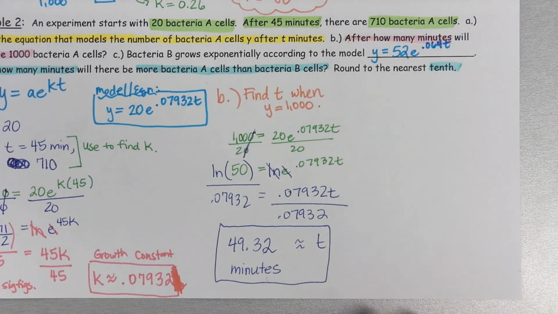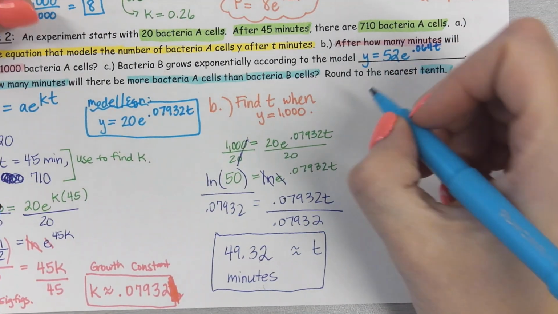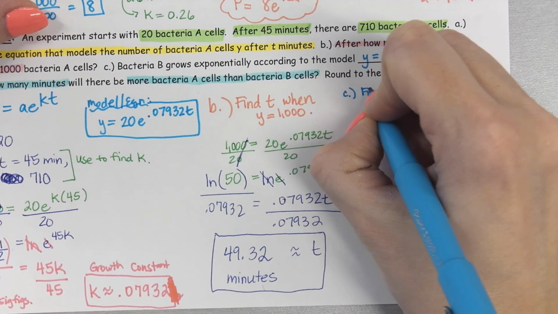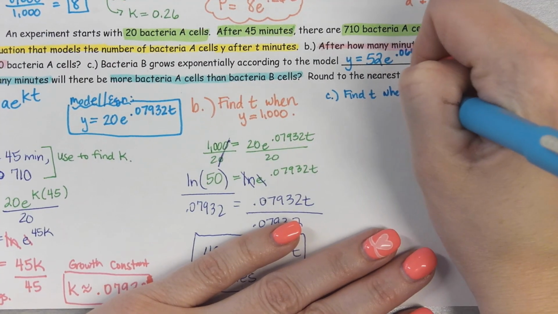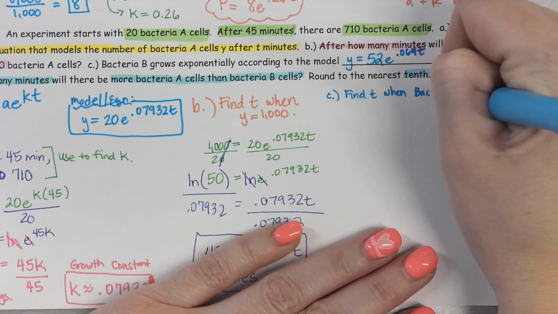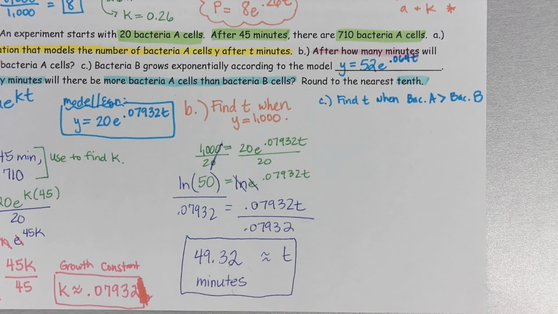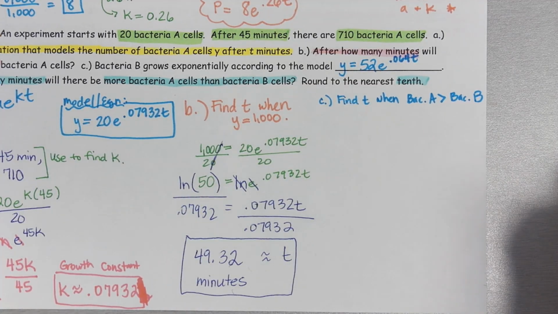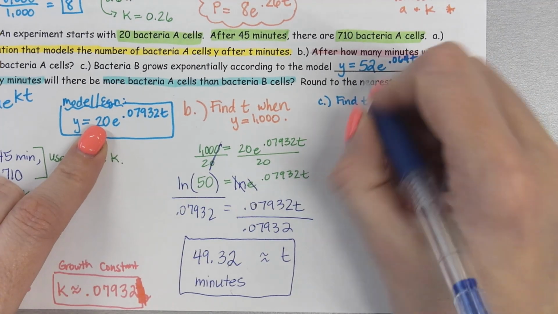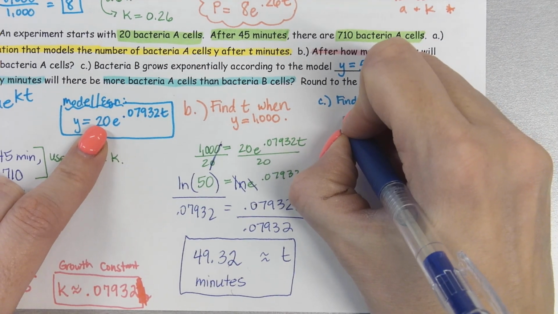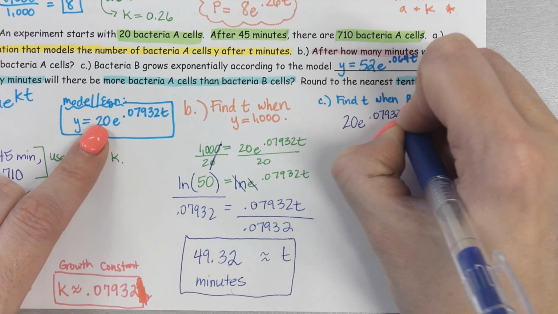Okay, so it says after how many minutes? So we have to find the time. We are going to find the time when bacteria A is greater than bacteria B. So if I set this up, I'm going to use my model found in part A. That represents bacteria A, 20e to the 0.07932t.